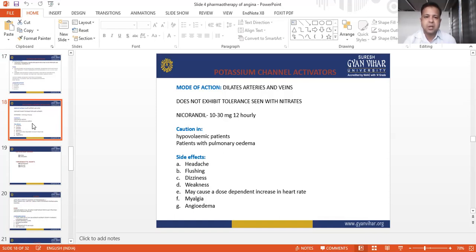Caution in hypovolemic patients, patients with pulmonary edema. Side effects: headache, flushing, dizziness, weakness, may cause a dose-dependent increase in heart rate, myalgia, and angioedema.